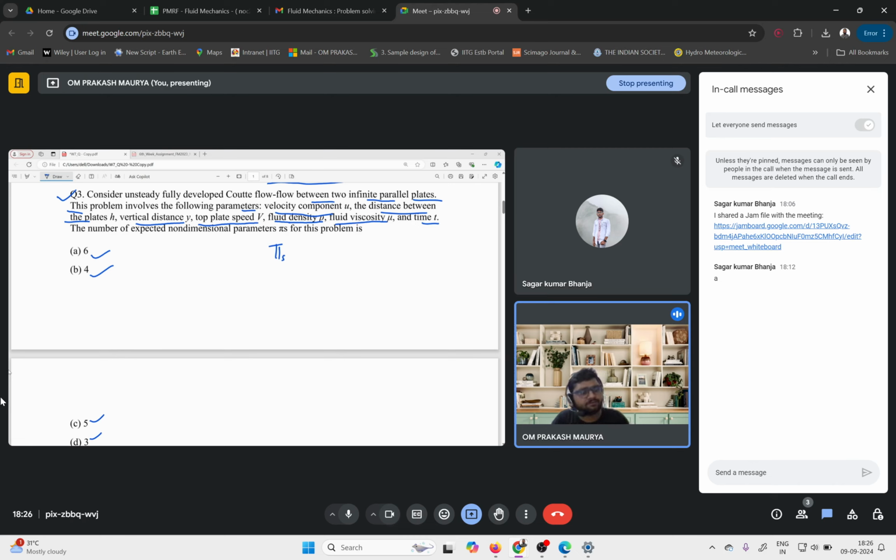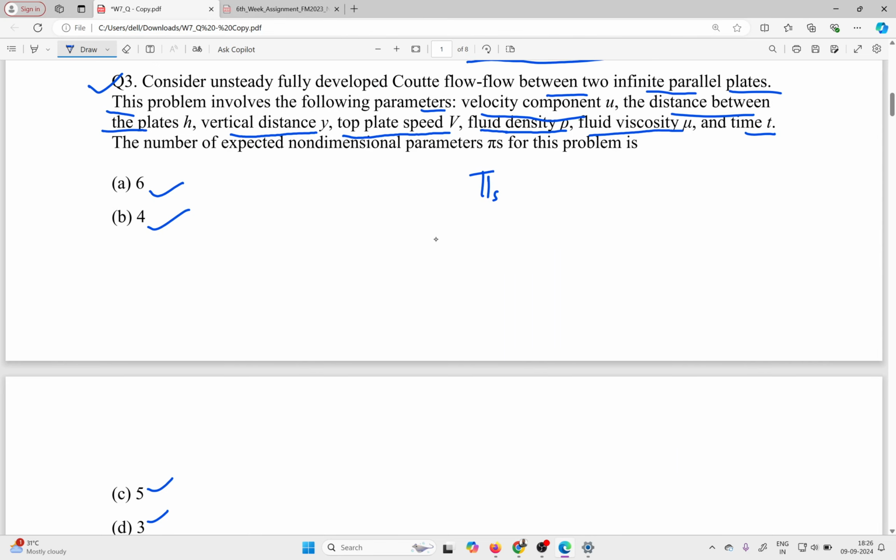Okay, now I want to discuss. Here you have 7 variables: the small velocity, distance between plates, y, top velocity capital V, fluid density, fluid viscosity, and time.